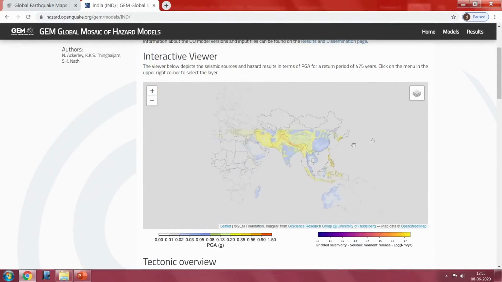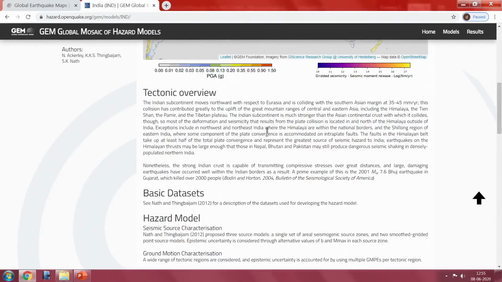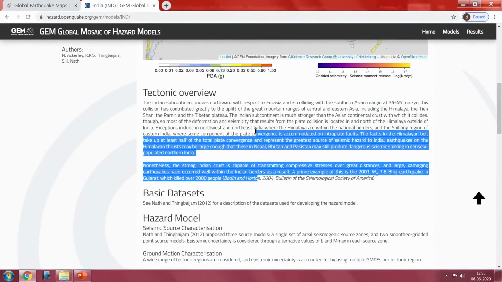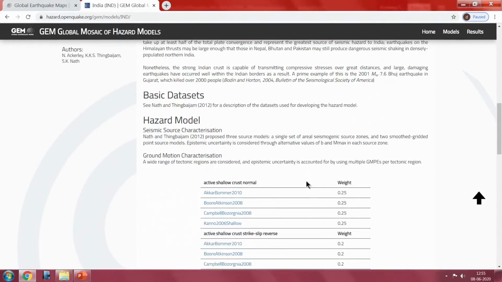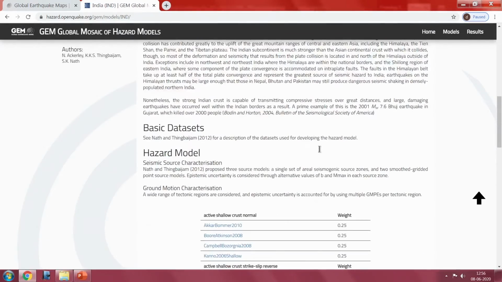So this is the information about the tectonic overview as discussed here. What is the hazard model they considered, the source model? There are three source models: a single areal seismogenic source model and two smooth gridded point source models. Epistemic uncertainty is considered through the alternatives. Here they didn't use a linear source; they considered a point source and an areal source based on the data which is available.